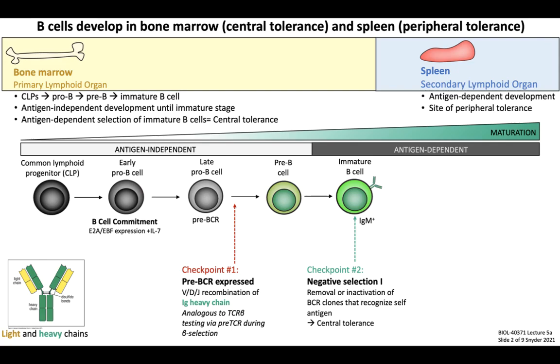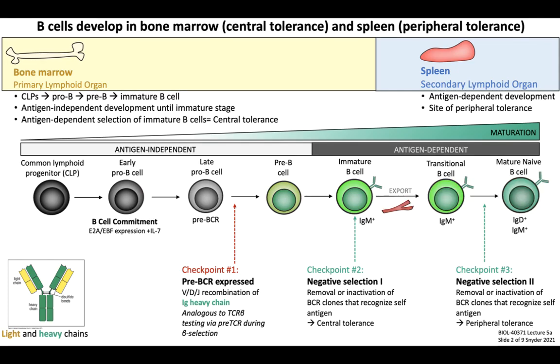Notably, from now on, all testing of the functionality of the BCR occurs in an antigen-dependent fashion. Autoreactive immature B cells can undergo 4 possible outcomes to either eliminate or inactivate autoreactive clones, which we will discuss in upcoming slides. Because these processes ensure the subtraction of autoreactive B cells in the bone marrow, which is a primary lymphoid organ, this checkpoint is responsible for establishing something called central tolerance.